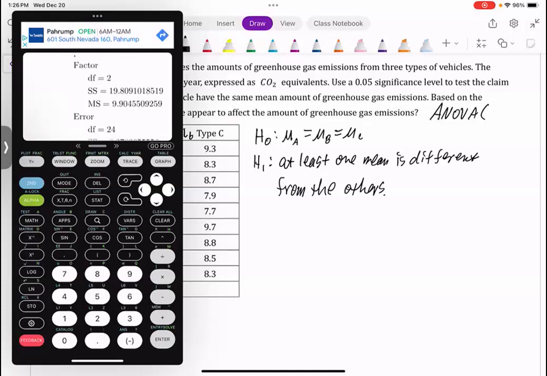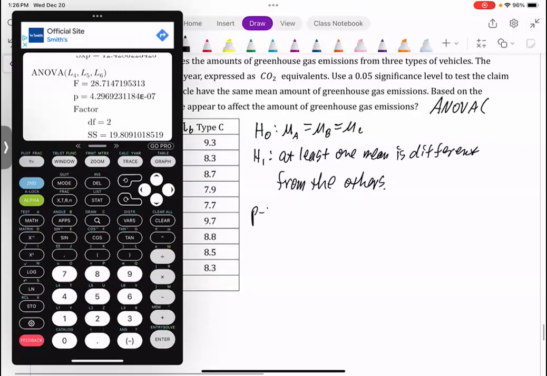And here is our p-value. Now, we got to be a little careful here. It kind of looks like my p-value is bigger than 1. It says 4.2969. But if you go a little bit further to the right, you have that E there with the -7. So let's interpret what that means. 4.2969 actually means times 10 to the -7th power.